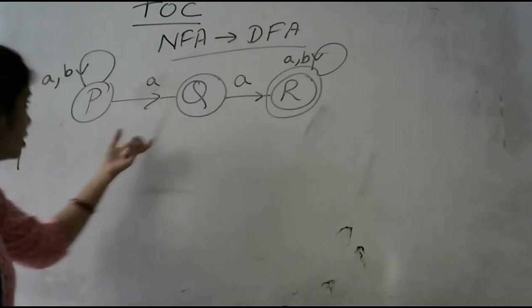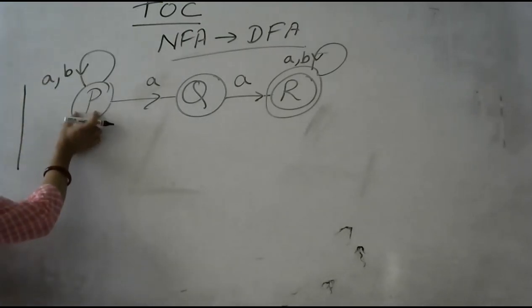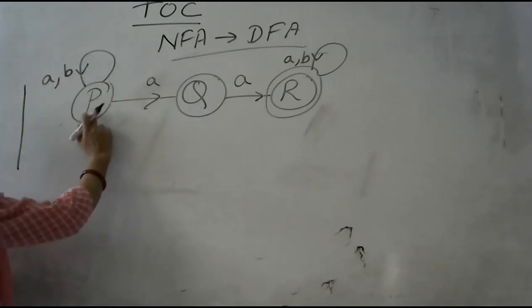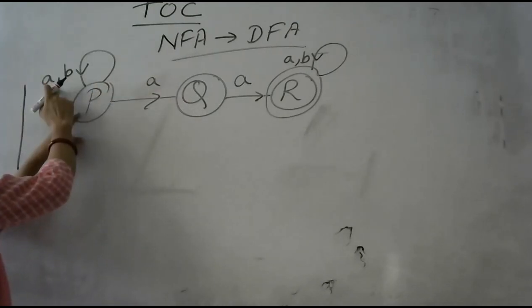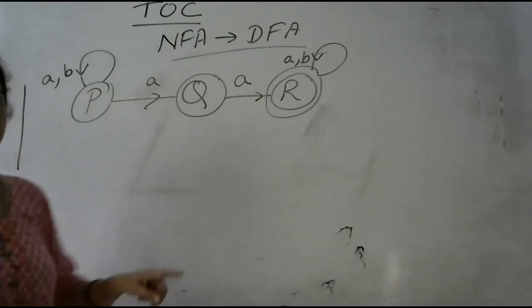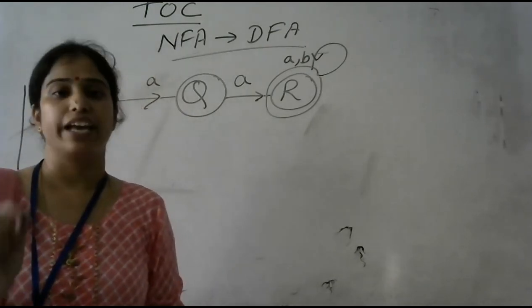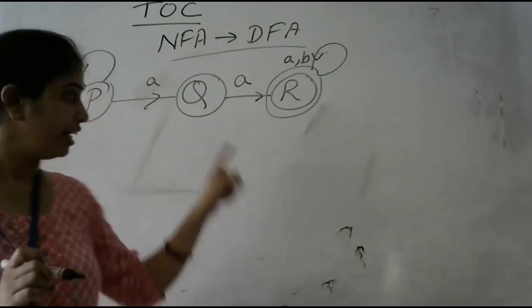Why? Because P से हम A पढ़ के P पे भी जा रहे हैं, P से हम A पढ़ के Q पे भी जा रहे हैं. सेम स्टेट से सेम इनपुट पढ़ के अगर हम एक से ज्यादा स्टेट्स पे जाते हैं, that becomes NFA. Okay, ठीक है, तो ये NFA.